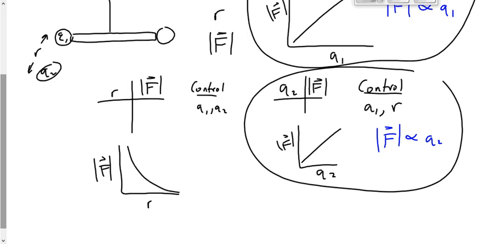But in this case, it works out to be an inverse square relationship. So it looks like this. As R goes up, F goes down. In fact, F goes down faster because it's a squared relationship. F is inversely related to 1 over R squared.